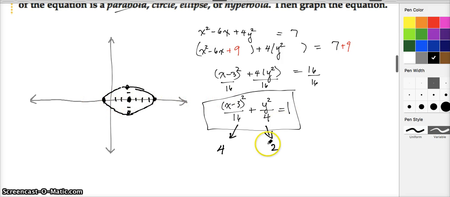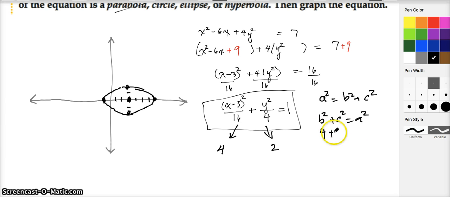We know how to find the location of the foci in this case, because what we would do is use a squared is equal to b squared plus c squared, or written differently, b squared plus c squared is equal to a squared. So we could find that by doing 4 plus something squared is equal to 16, and then we get that c squared is equal to 12, and then c is equal to the square root of 12, right? And so the square root of 12 is going to be less than 4, but greater than 3.